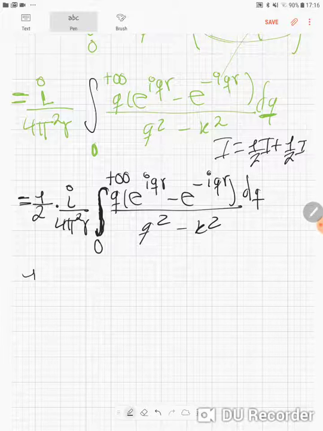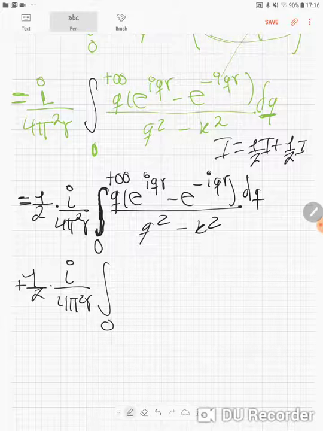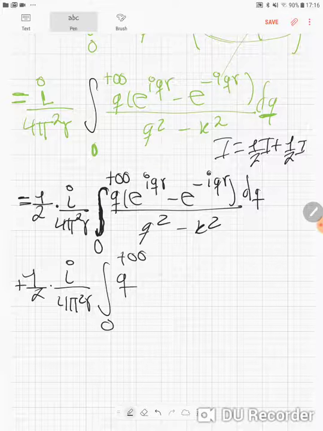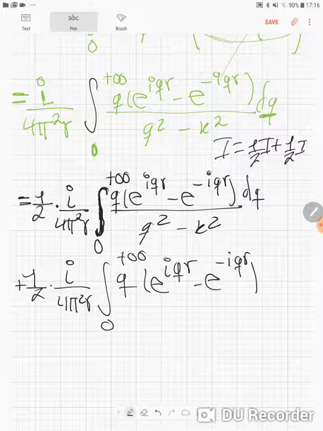So now this is plus 1/2 times i divided by 4 pi squared r, integral from 0 to plus infinity of q e to the i q r minus e to the minus i q r dq divided by q squared minus k squared.